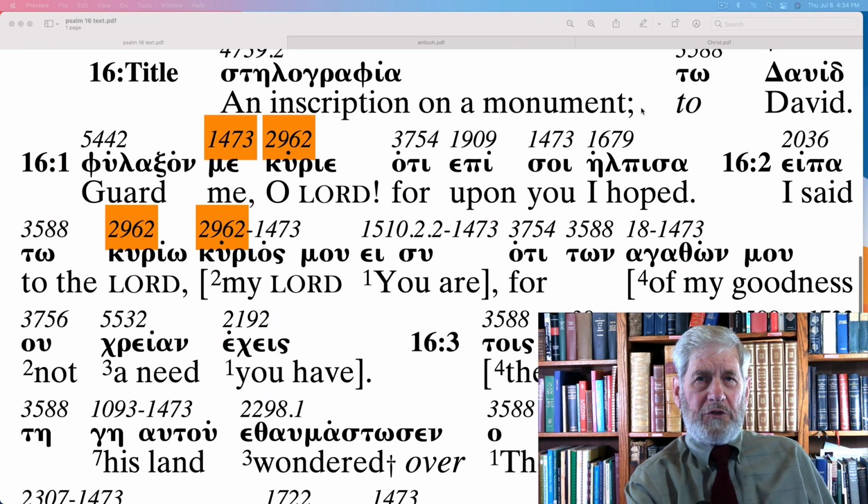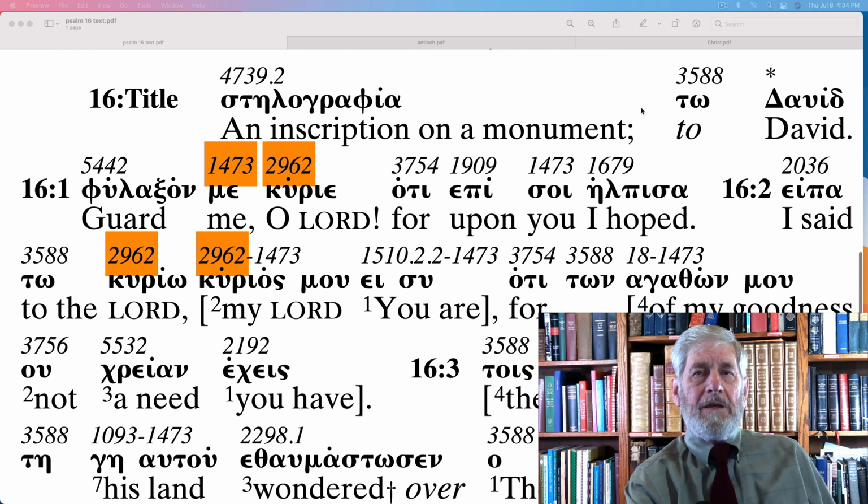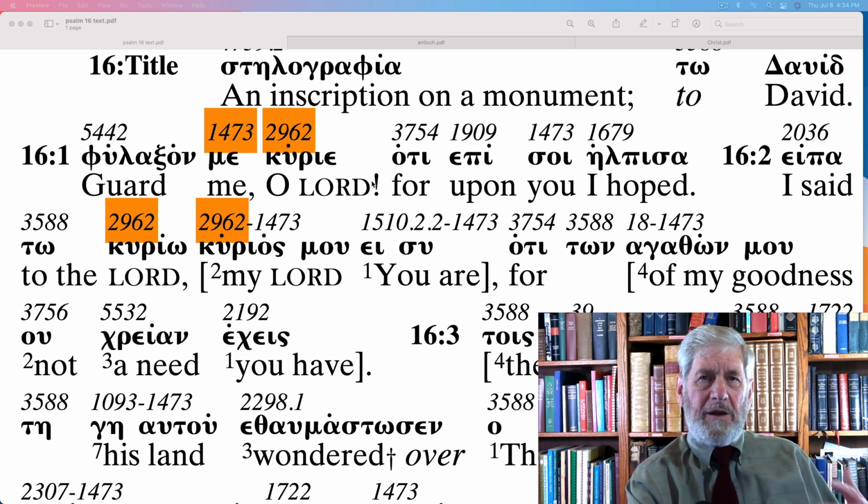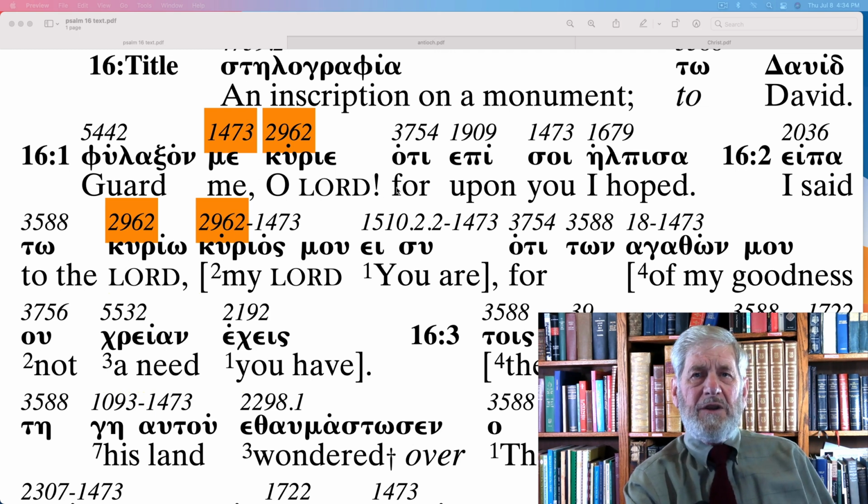That's a couple of verses there in Greek, and it begins, guard me, O Lord, in the vocative, which is a Lord or George or Harry, guard me, so-and-so, in the imperative, for upon you I hoped.